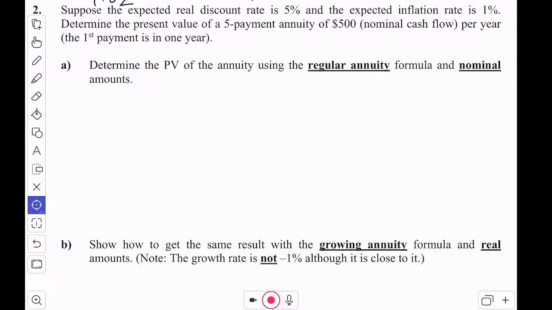So it means that we are aware then that the $500 will be worth or have lower purchasing power over time. So being aware of that in the presence of inflation, we want to calculate the present value using the real discount rate of 5%.